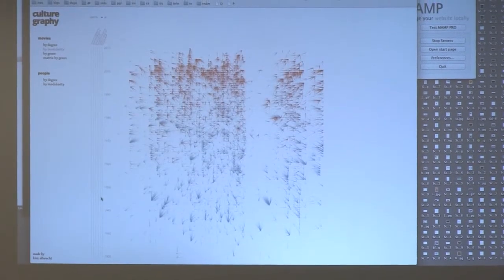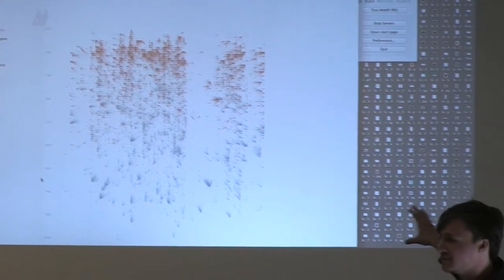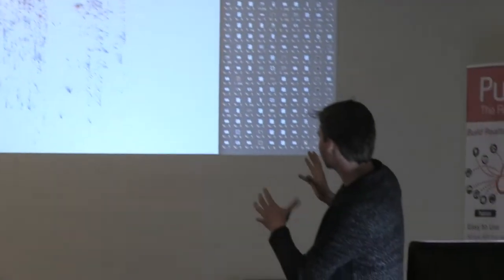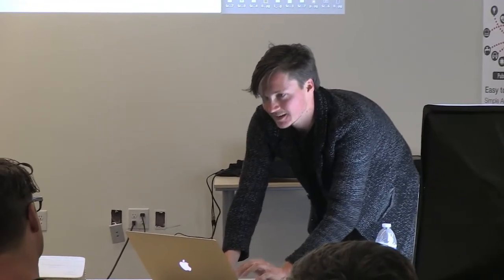I'm working on other ways to display this. This is ordered by modularity. I try to find ways to find groups in this data set. This is by genres, so we can have a look at how different genres influence others.